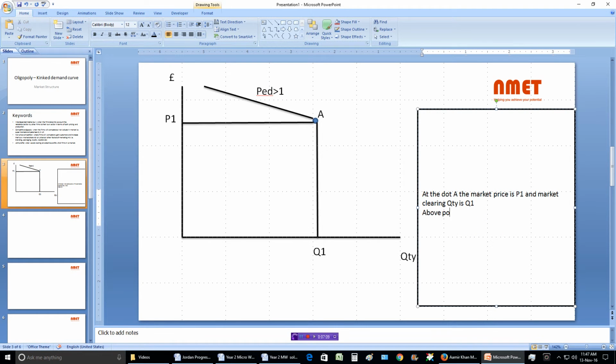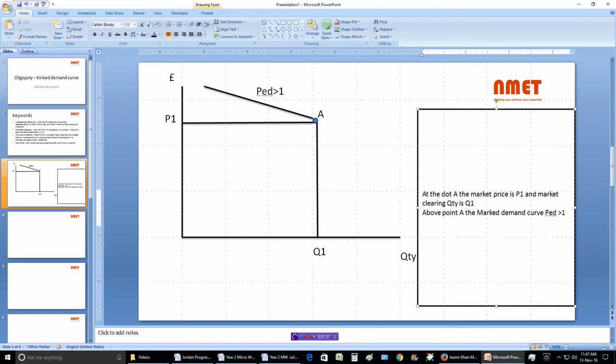Is that because if a firm were to increase their prices, it would result in less market share because the other firms would keep their prices at the previous lower price. They'll keep the price same. They won't change it at all.